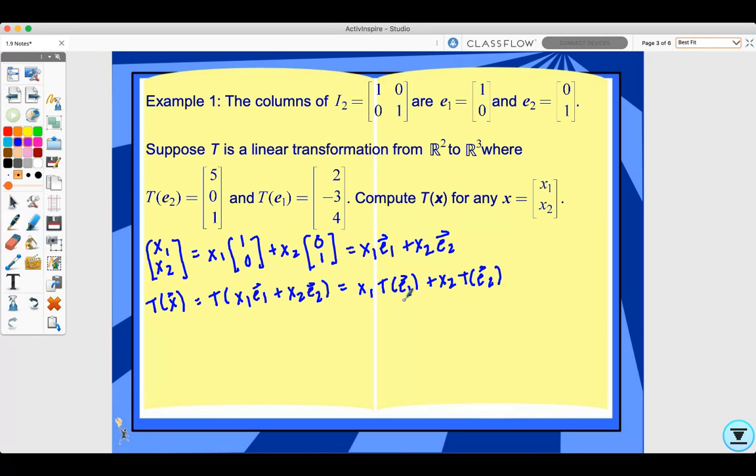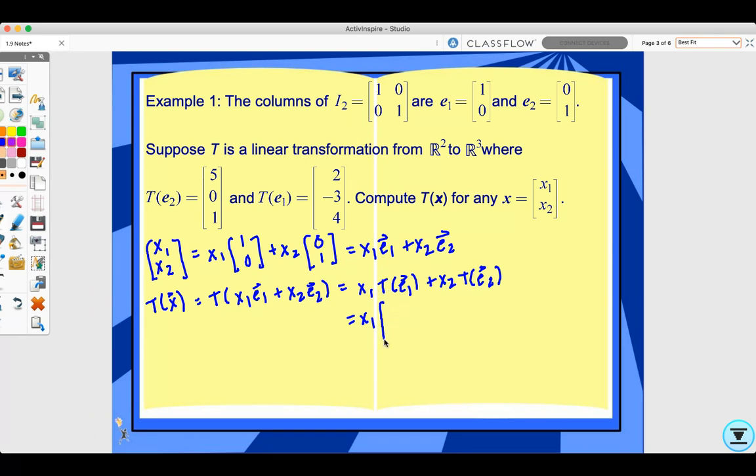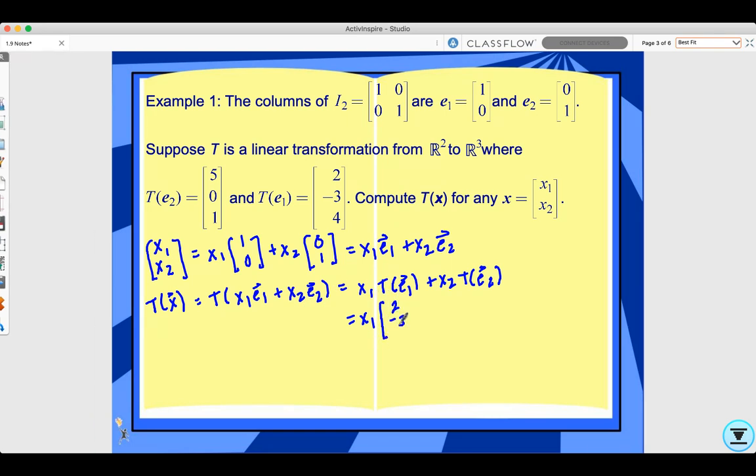They told us the transformation of e1 and e2, so this would be x1 times (2, -3, 4) plus x2 times (5, 0, 1).